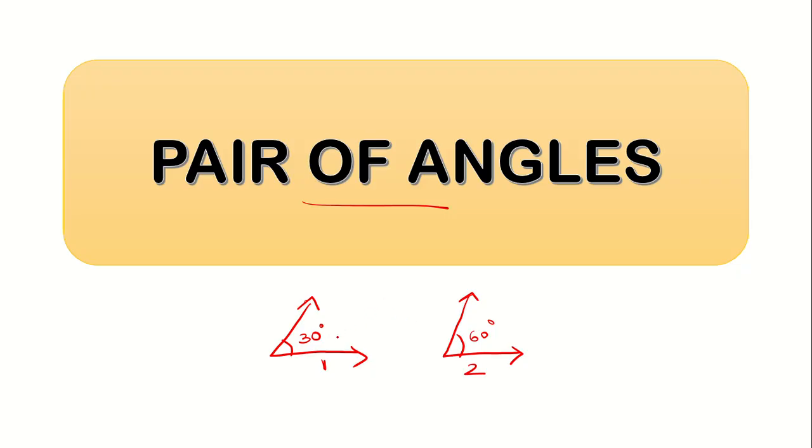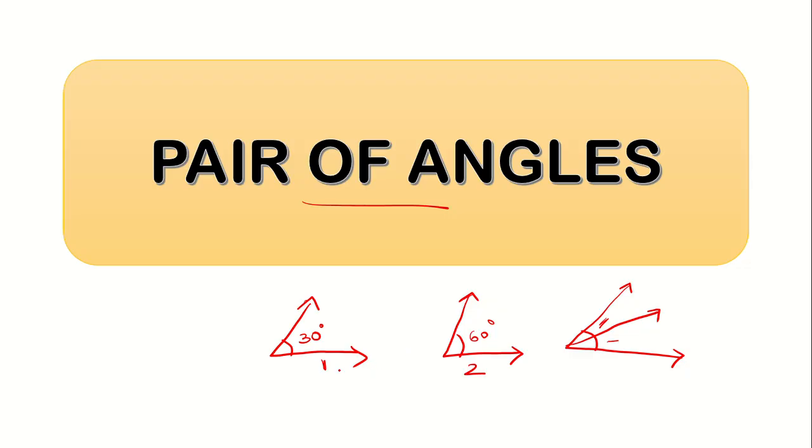So, angles are not just measured individually. Sometimes they come in pairs. So, these angles, when we do it in pair, it will look something like this. So, these pairs of angle will measure in different types.